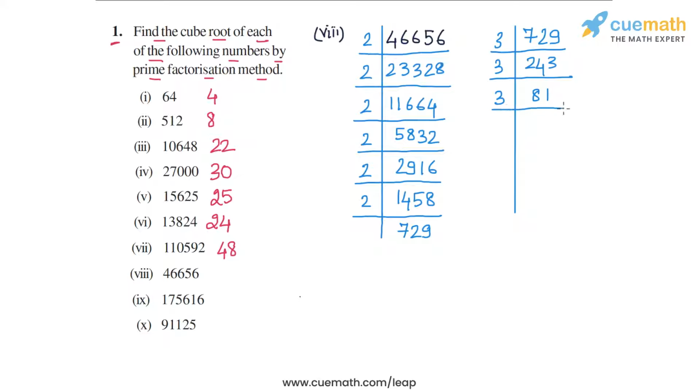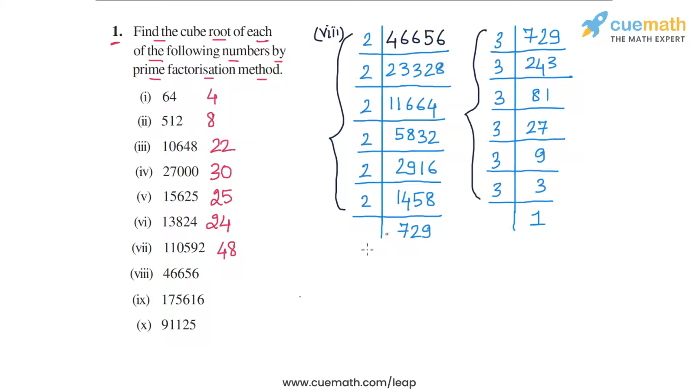We can take out a 3 again to get 27. We can take out a 3 again, and that will give us 9. Take out a 3 again, and that will give us 3. And finally we take out the last 3, and this will give us 1. So this completes the prime factorization process, and we see that this number 46,656 has 6 repetitions of 2 and 6 repetitions of 3. So let's write this.